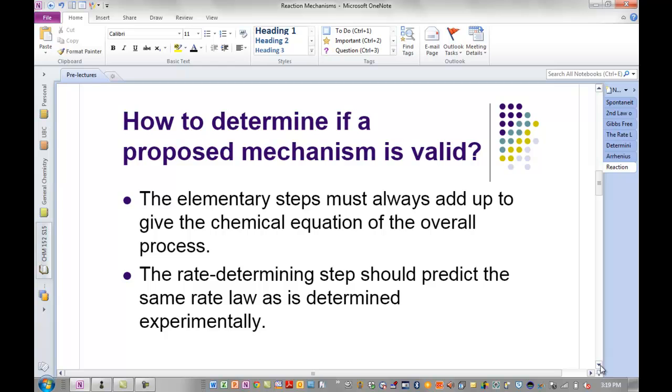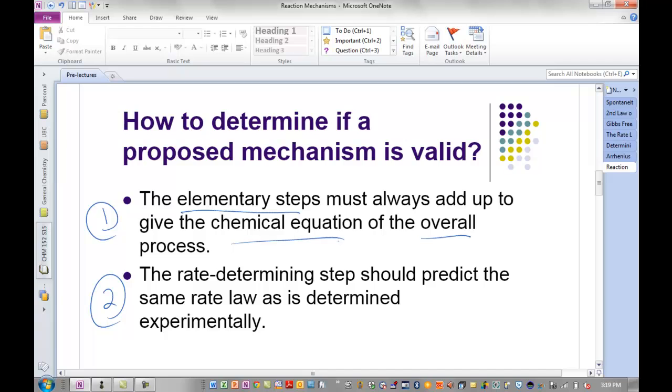So there are two criteria that we need to live by, so to speak. The steps that we propose, our simpler steps, must add up to the overall reaction. If our proposed steps don't add up to the reaction, our mechanism is certainly not valid.